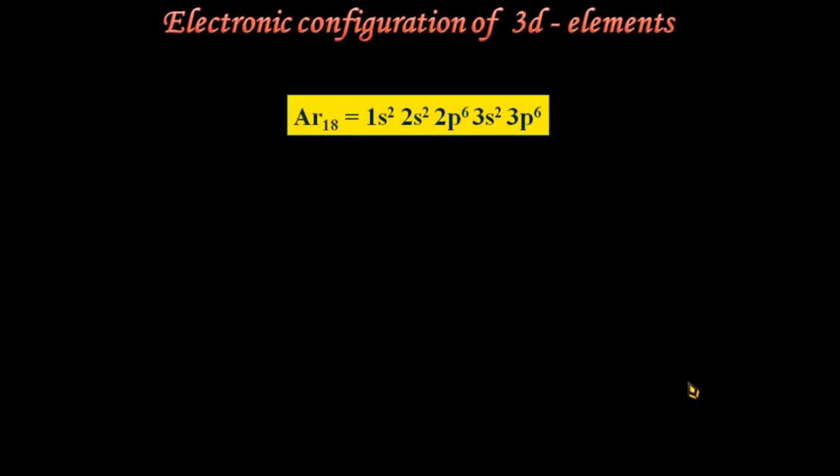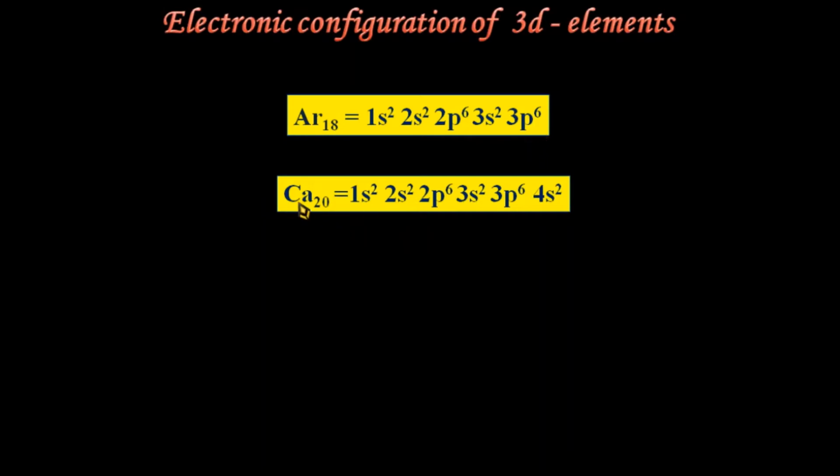Argon is the noble gas preceding the 3d series and its electronic configuration is 1s2, 2s2, 2p6, 3s2, 3p6. Here the p subshell is complete. Calcium, having atomic number 20, belonging to the s block of the fourth period, has electronic configuration 1s2, 2s2, 2p6, 3s2, 3p6 and 4s2.